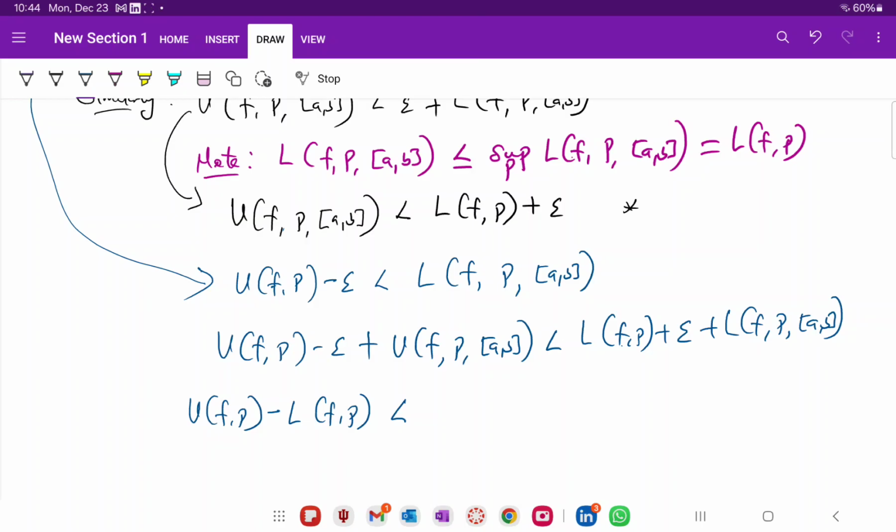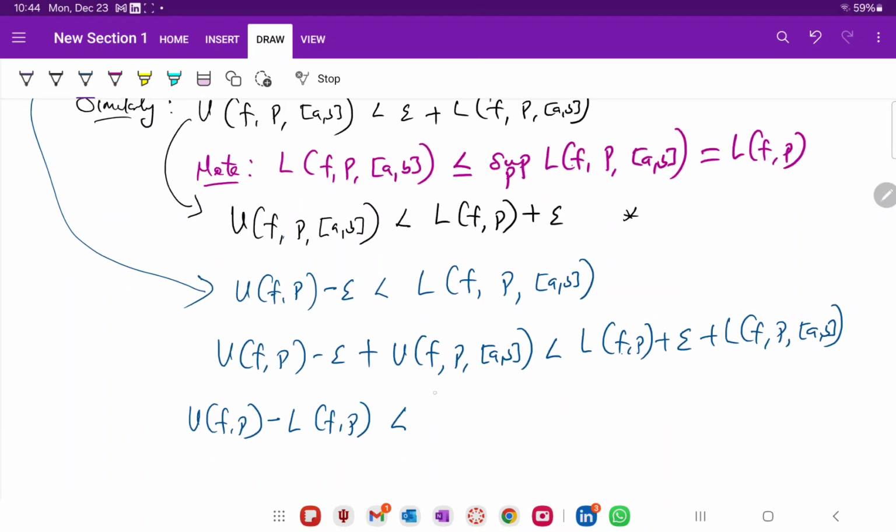That's not nice enough. Let's see. Okay, here I have something not nice, but let's see. We have the lower Riemann sum minus this. Okay, then we have epsilon, just epsilon. That is not nice enough.